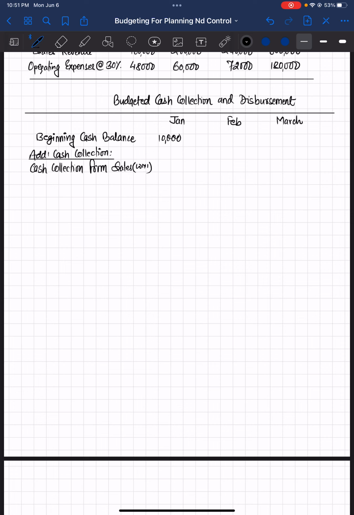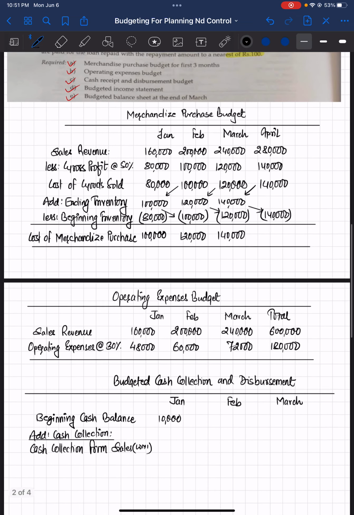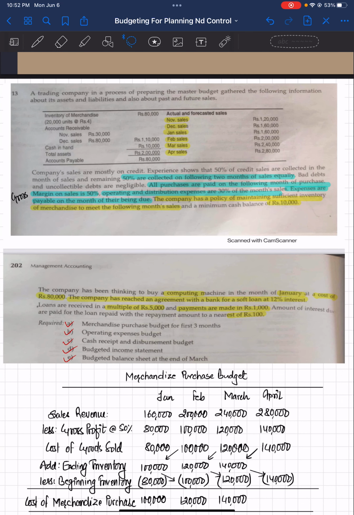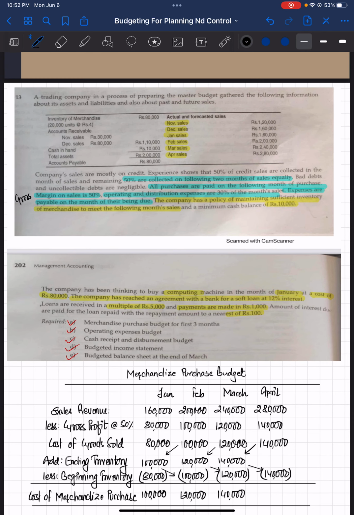So we'll go and prepare this working note. For us to have this, we need the question about the sales.